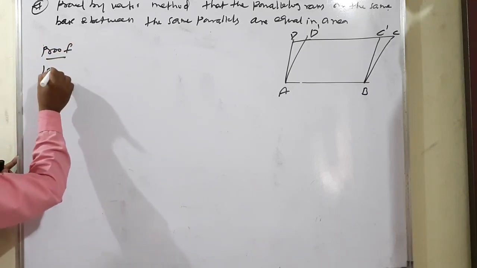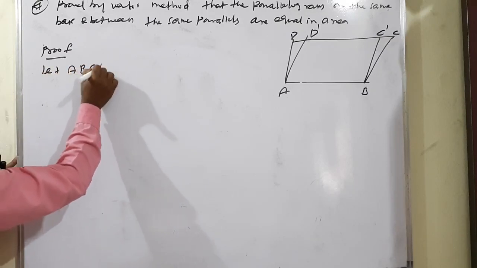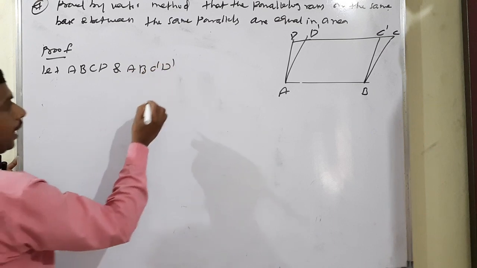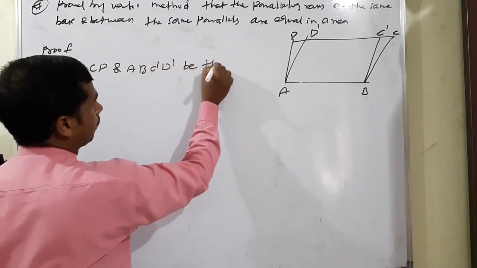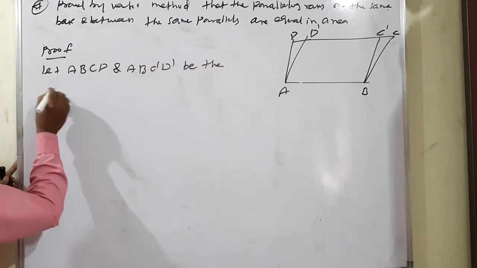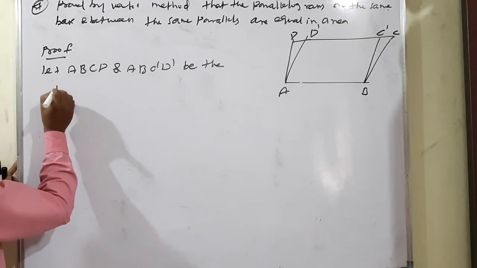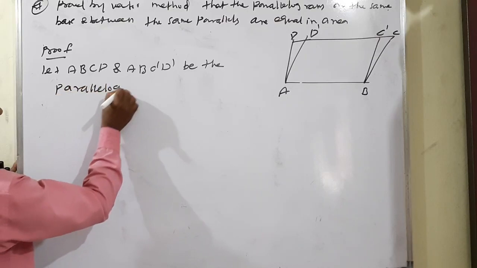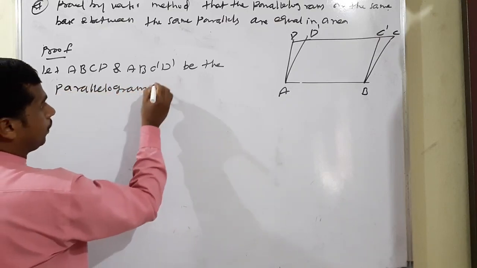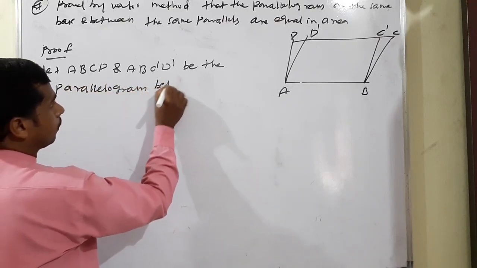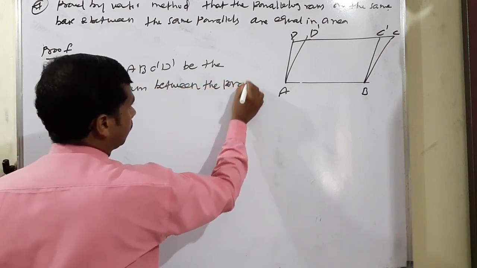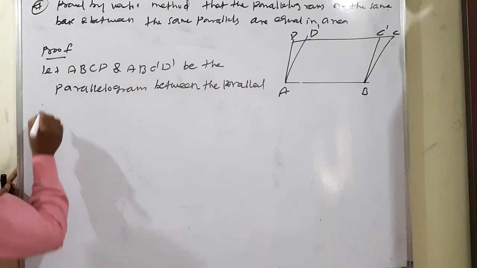Now the proof. Let ABCD and ABC dash D dash be parallelograms between the same parallels with the same base.